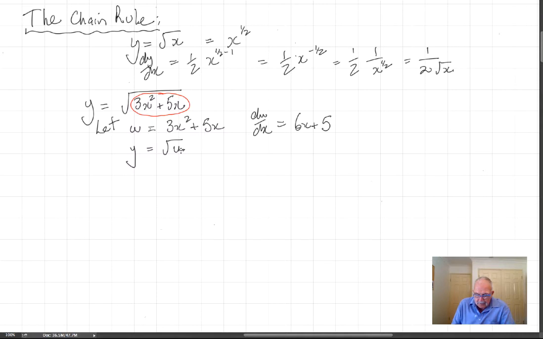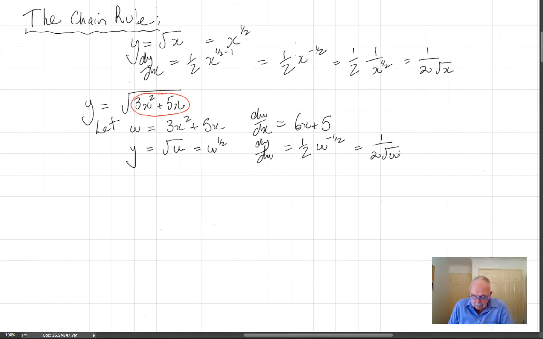So we've done a substitution, and what that allows us to do, we can say go back and u to the half. So we can say that dy du now, if we find the derivative of this with respect to u, we get a half u to the minus a half, or as we've found out up here, it'll be 1 over twice the square root of u.